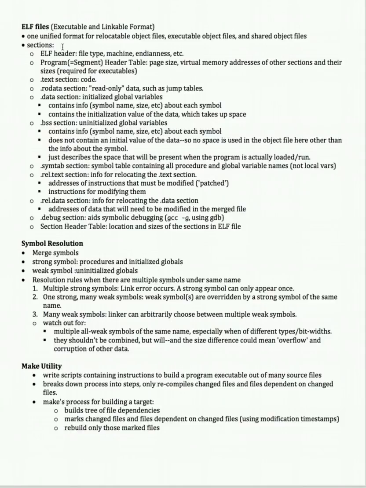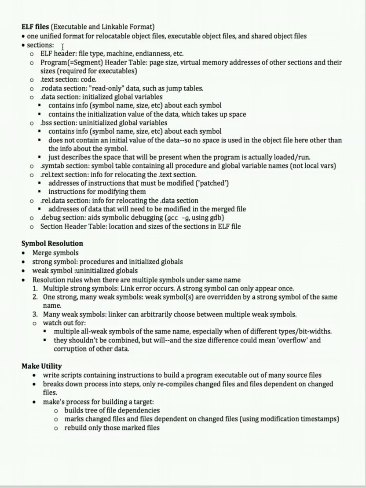So only the meta information about the symbol, like name and size, is stored, not the initial value. The .symtab section stores a symbol table containing all procedure and global variable names. The .rel.text section has the info about relocating the text section, including addresses of the instructions that must be modified, and instructions for how to modify them.